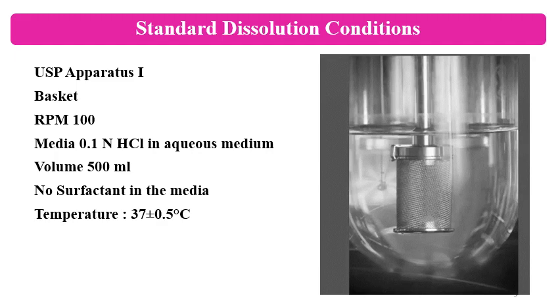Volume requirement is 500 ml. Surfactant should not be used and is not required, as the guideline is for formulations containing highly soluble drug substances. Temperature requirement for the dissolution bowl is 37 plus minus 0.5 degrees Celsius.